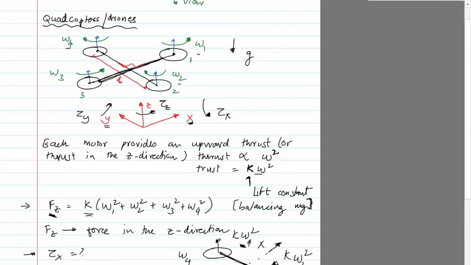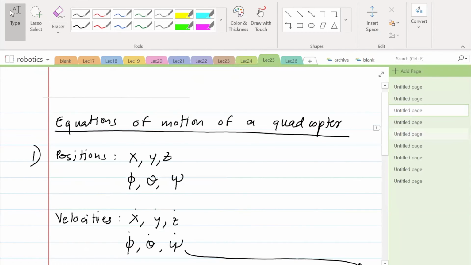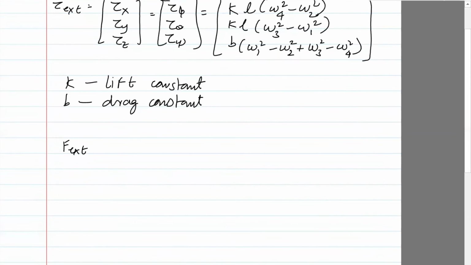So we basically need to write the force in the body frame. This is similar to how we did it before. If you remember, we had a vector in the body frame, and then we had a vector in the fixed frame.